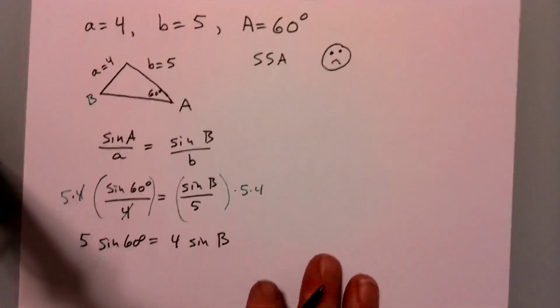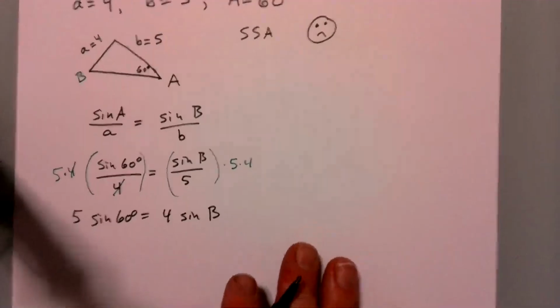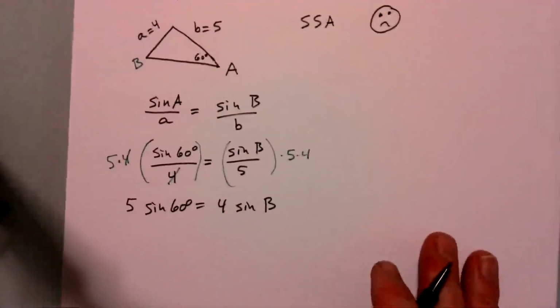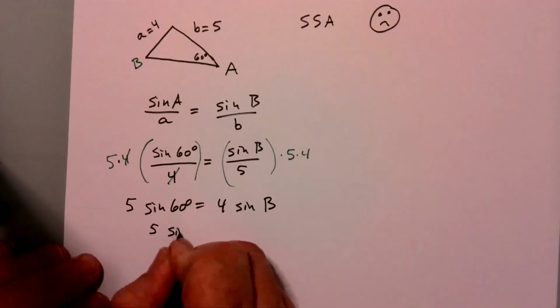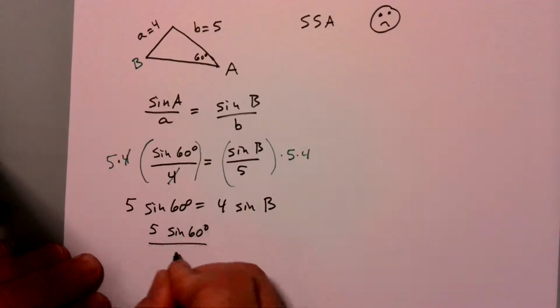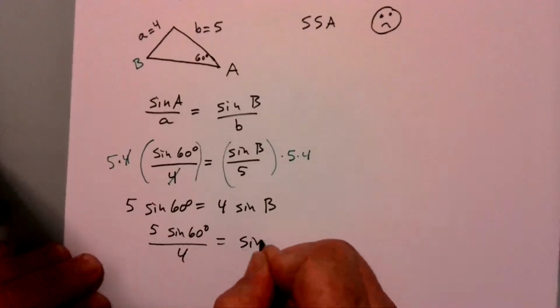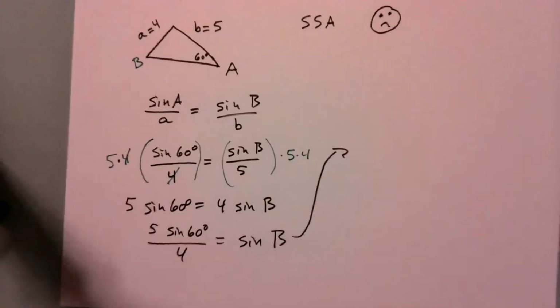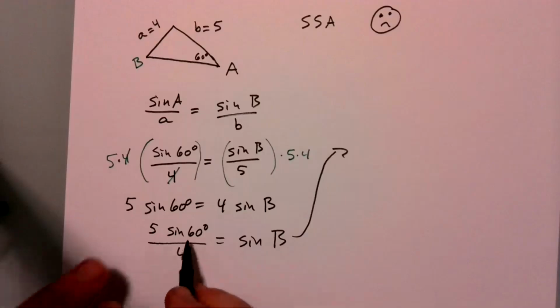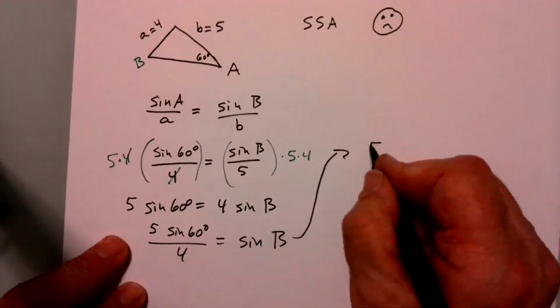And I'm in a shadow, and I'm sorry about that. So if that's the case, divide both sides by 4. 5 sine 60 degrees divided by 4 is sine B. But here's the thing. Sine 60 degrees is root 3 over 2.